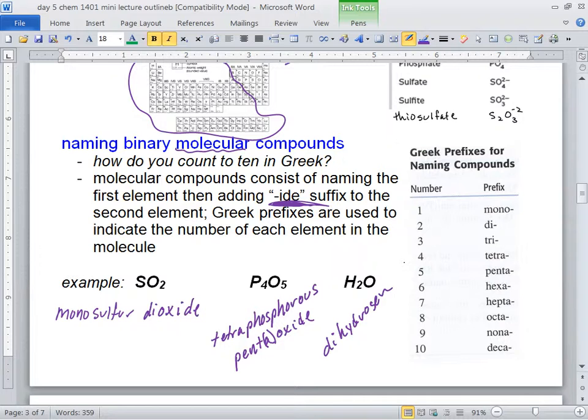Dihydrogen oxide or dihydrogen monoxide. Either one is very acceptable. Okay? So if you do not see a metal, count to 10 in Greek. Right? Add IDE to the end. If you do see a metal, you have to figure out what the cation is and name it. Figure out what the anion is and name it. So look for a metal.